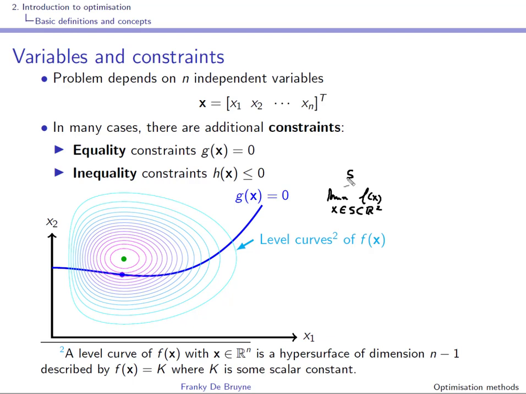and the feasible region S is the set of all x such that g of x is equal to 0, right?